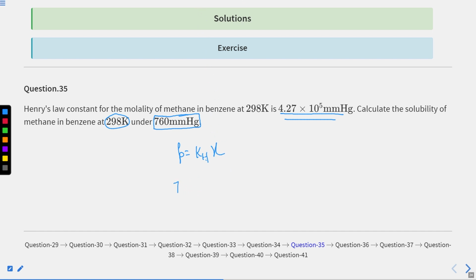The pressure is given as 760 mmHg and your Henry law constant value is 4.27 into 10 to the power 5 mmHg, and your chi is to be calculated, that is the solubility. Therefore chi would be equal to 760 by 4.27 into 10 to the power 5. So when you calculate this, you will get your solubility.